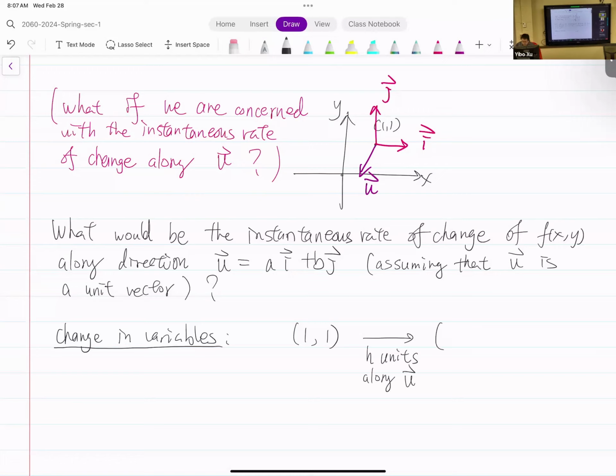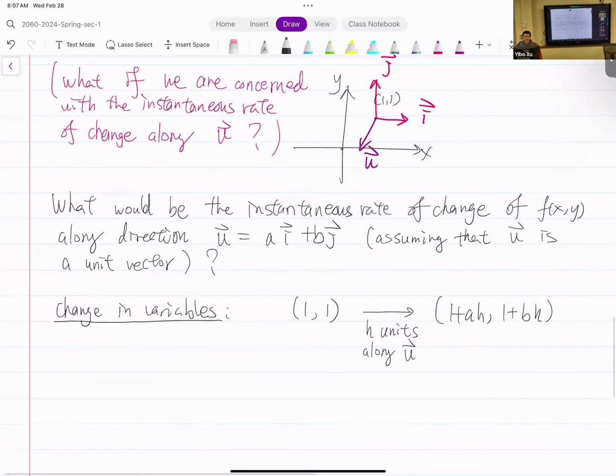So basically, this is a unit vector with unit magnitude, and then we travel h units, so it's going to be h times this vector, right? So that's in addition to the 1, 1 coordinates. So it's going to be 1 plus a h, 1 plus b h. Okay, so this is going along this direction u for h units, right? So that's the change in the input.